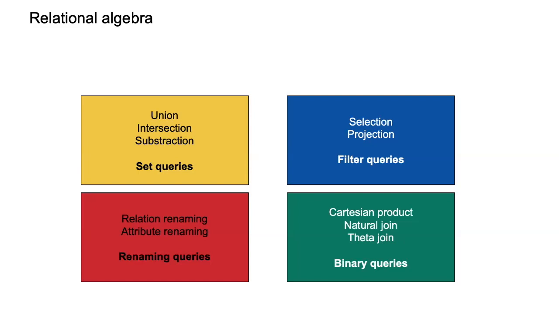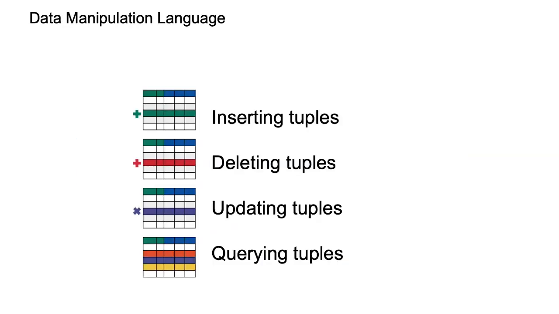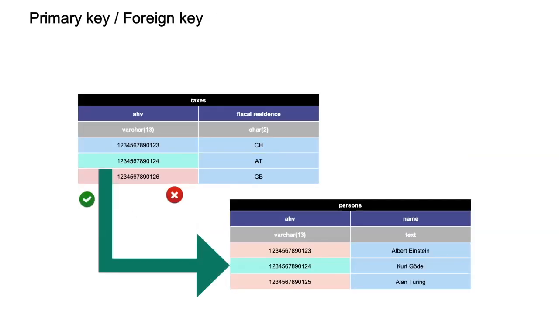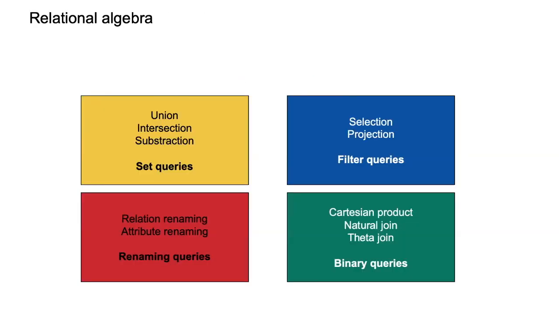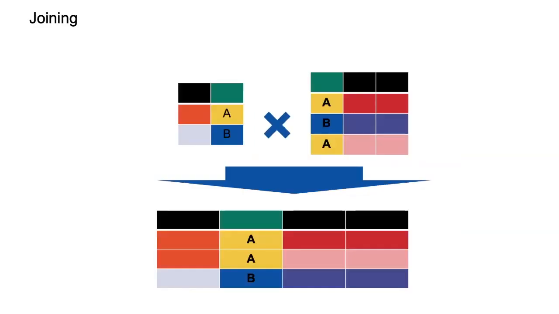A natural join is like the Cartesian product, but only with the tuples that match. Especially if you have a foreign key and a primary key, this is when you want to do a join on the primary key and foreign key. And you have the theta join if it's more generic than the natural join. The natural join is when you have the same column names on both sides, and the theta join is hence a customized criterion for joining.